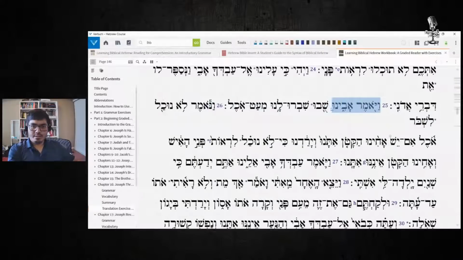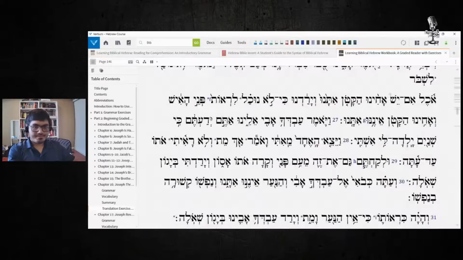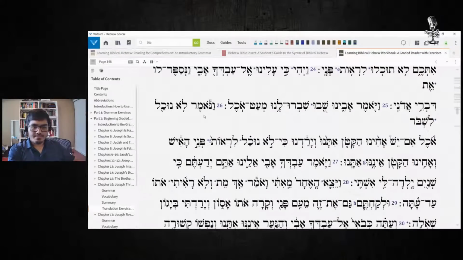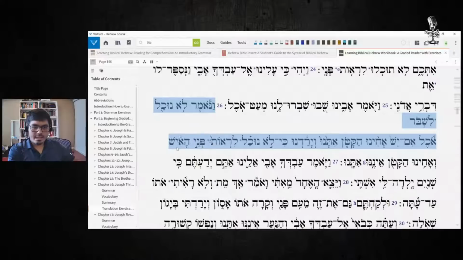Verse 25, Vayomer avinu, shuvu shivru lanu m'at ochel. So this is when they go back. Our father said, return, buy for us a little food. And then verse 26, Vanomer lo nuchal laredet, im yesh achinu hakaton itanu v'yaradnu, ki lo nuchal lirot pnei ha'ish v'achinu hakaton einenu itanu.